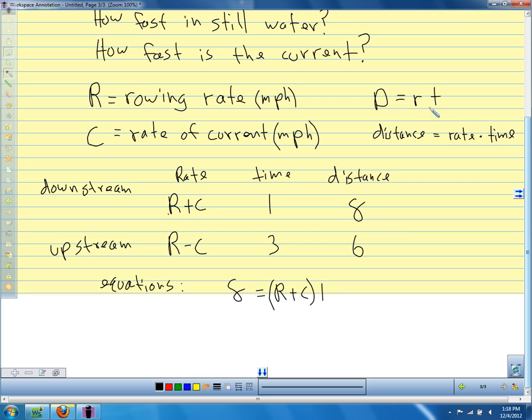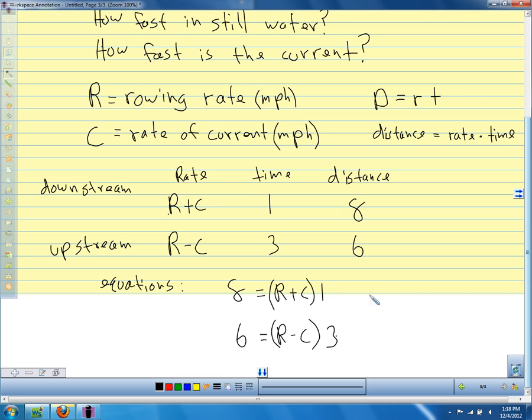I'm just using distance equals rate times time. And that's going downstream. Going upstream, my distance, 6, equals the rate, R minus C, times 3. So that's my system of equations.